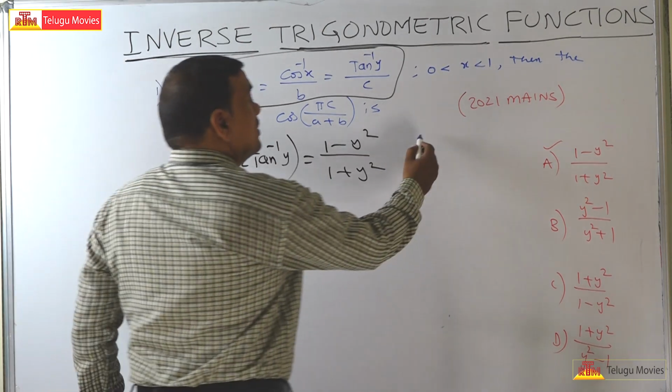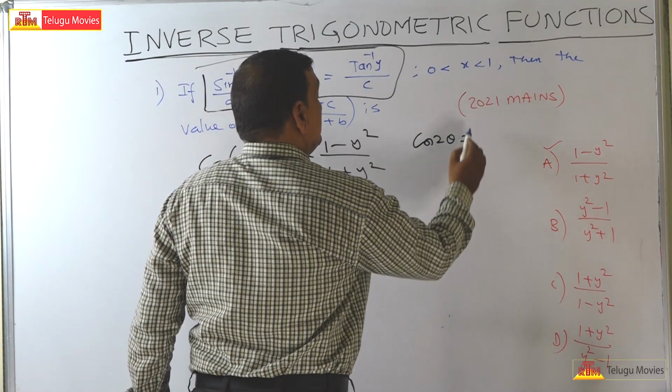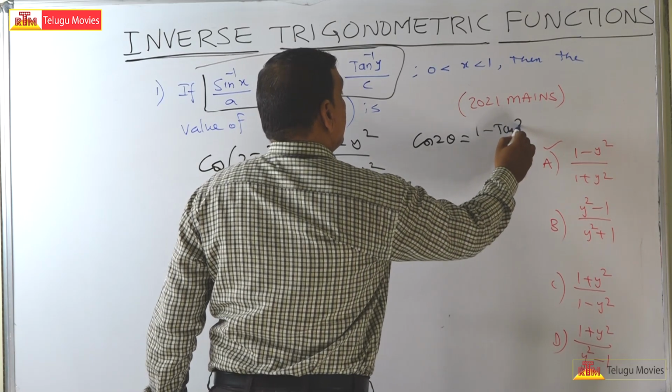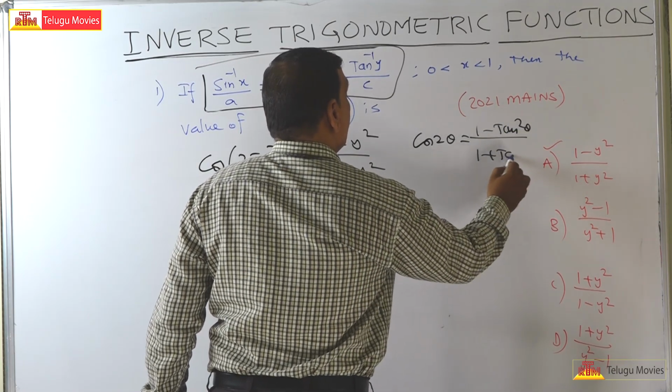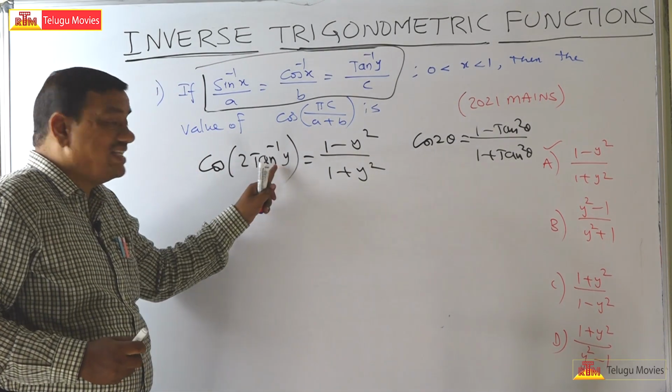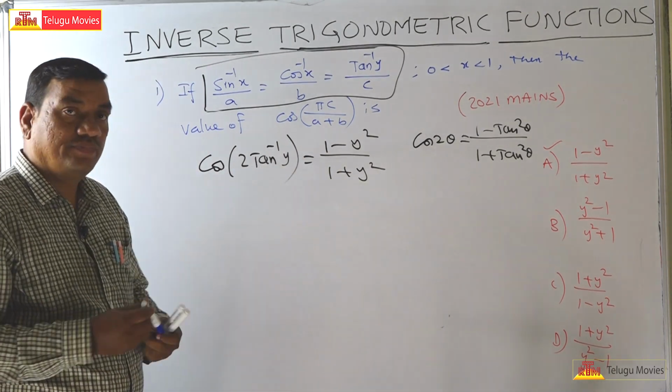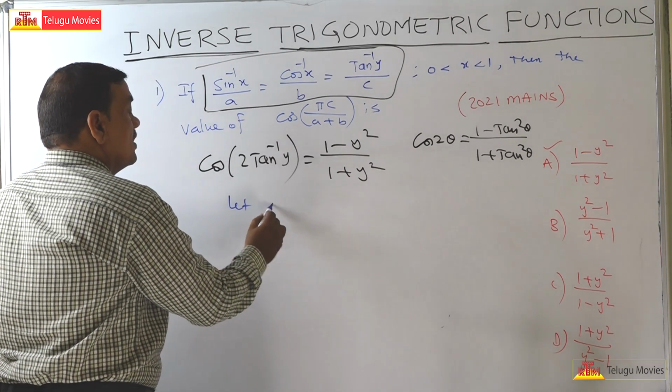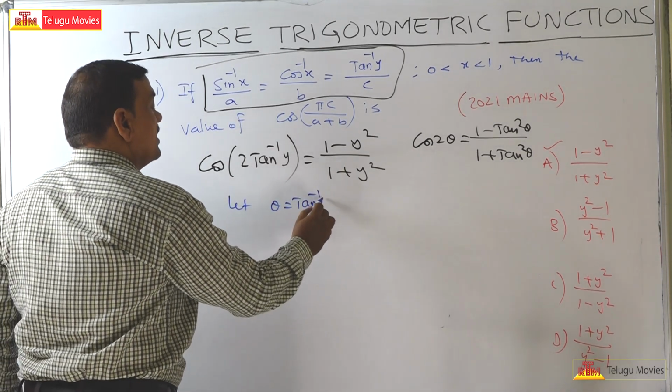How to do this, sir? You just remember the formula: cos 2 theta is equal to 1 minus tan square theta by 1 plus tan square theta. Let theta be equal to tan inverse of y.